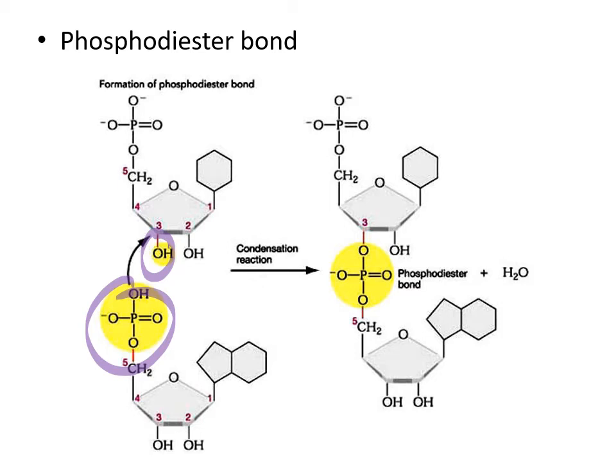RNA does have a hydroxyl group on carbon 2, but it is actually using carbon number 3's hydroxyl group to do it. And again, this is a dehydration synthesis, so it's going to be putting those nucleotides together, so we have to remove a hydrogen, an oxygen, and another hydrogen. So imagine those 3 coming out of here. And then the oxygen on the phosphate is now going to be directly bonded to carbon number 3 of the sugar. Whether that sugar is ribose or deoxyribose, it would be the same thing.